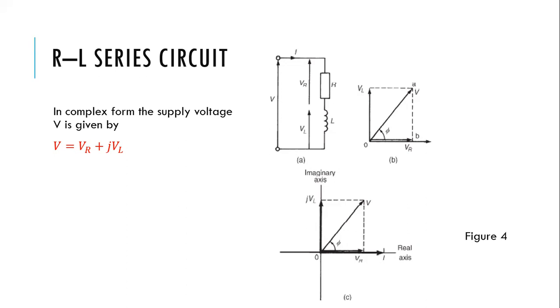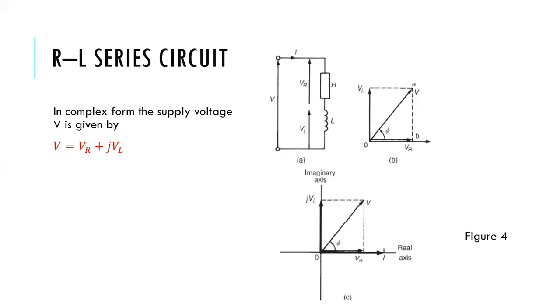The circuit phase angle, that is the angle between the current and the applied voltage, is shown as angle phi in the phasor diagram. In any series circuit, the current is common to all components, so you take it as a reference.